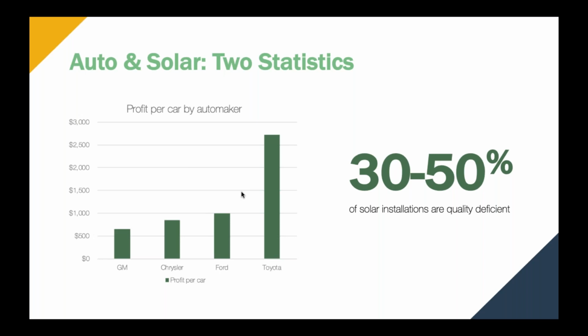In solar, in residential, where my firm manages the data science behind the majority of US third-party residential quality assurance for our clients, 30 to 50% of solar energy installations are quality deficient. And so there's a lot of talk, people say, hey, we can't spend time to improve things, it'll cost extra money.